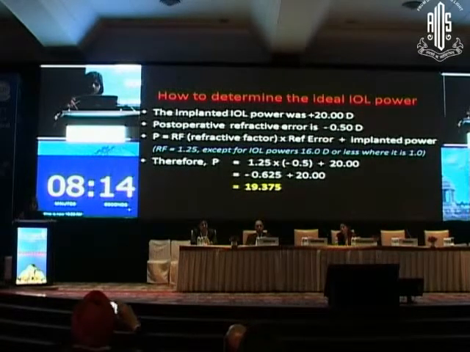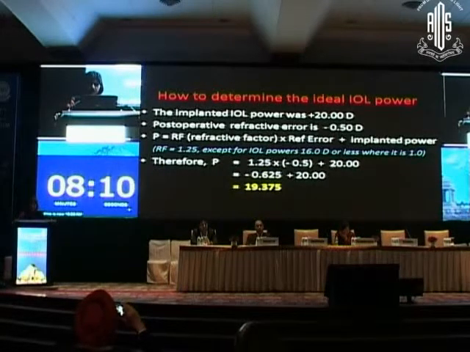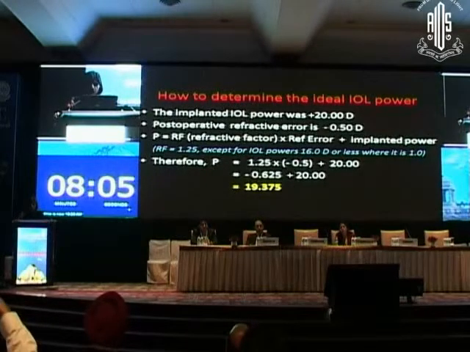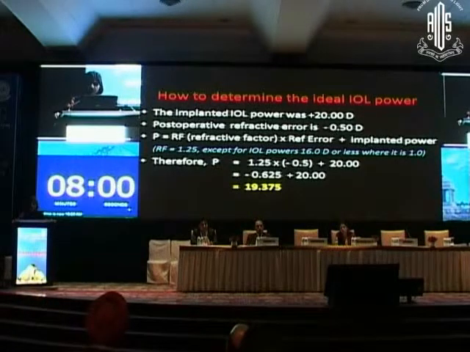So our implanted IOL power was 20 diopters, and post-operatively we got a refractive error, a spherical equivalent of minus half diopters. So to calculate the ideal IOL power, we need to multiply it with the refractive factor and then add the implanted IOL power.